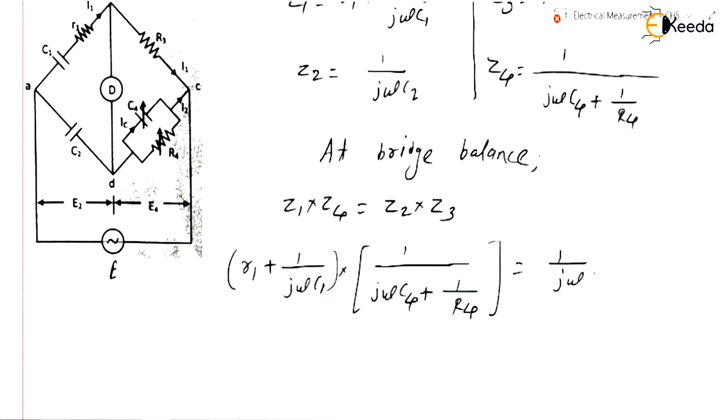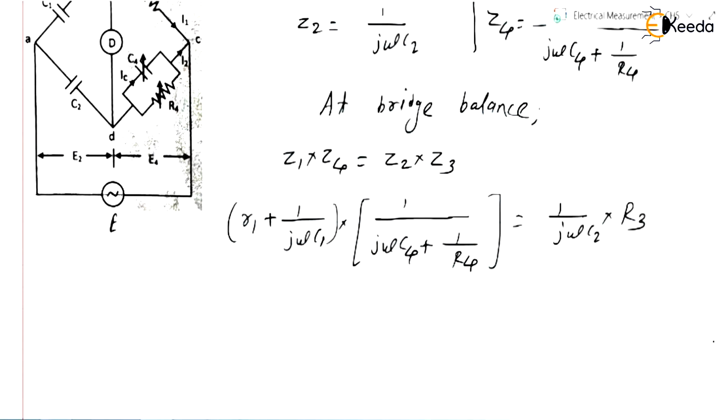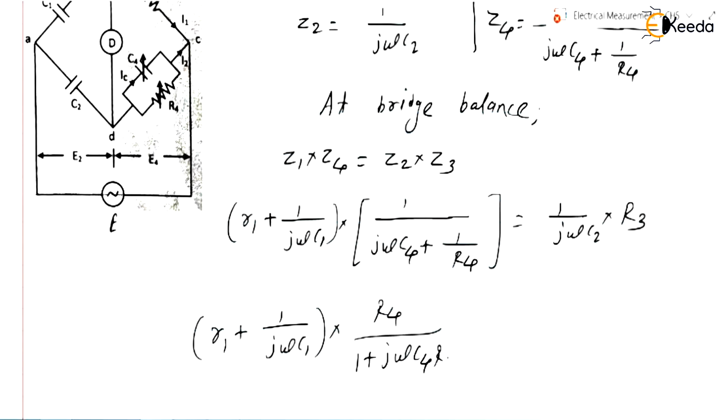Z2 is 1 upon j omega C2 and Z3 is R3. Next I am going to take the cross multiplication. It is R1 plus 1 upon j omega C1 into R4 upon 1 plus j omega C4 R4, equal to R3 upon j omega C2.